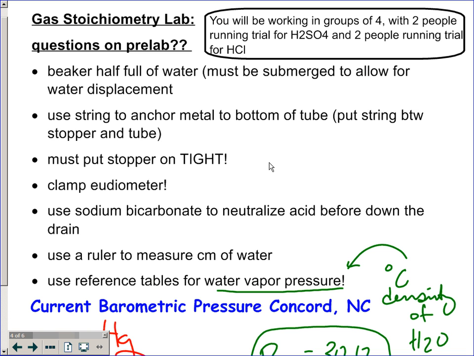Can I try to let this drain from the eudiometer? Because the eudiometer still has acid in it. What you can carefully do is carefully shake it or carefully remove the stopper without getting acid on your hand.